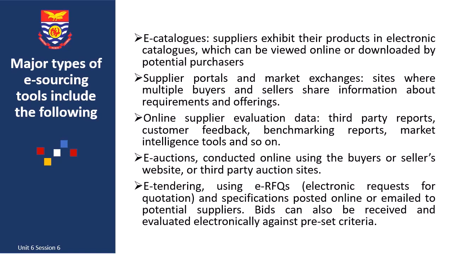We are going to go into details what each of these e-tools means, as well as some uses of these e-tools, right? But before that, let's go over some potential benefits of e-sourcing.